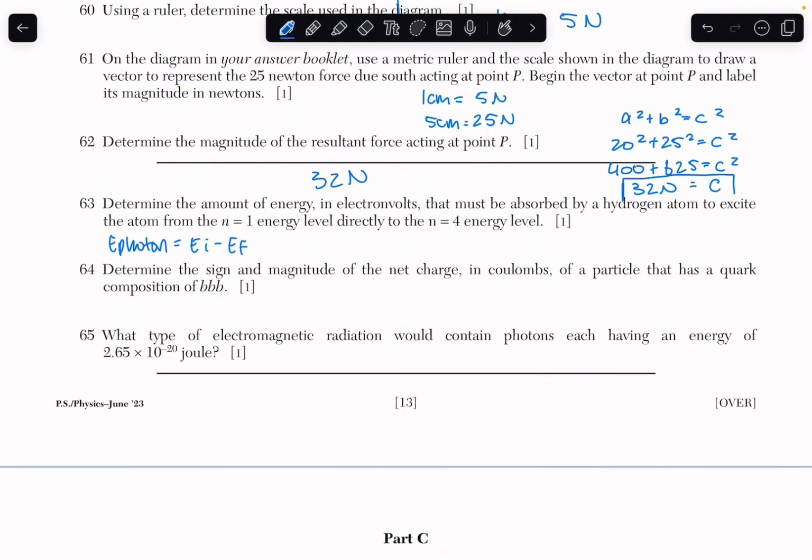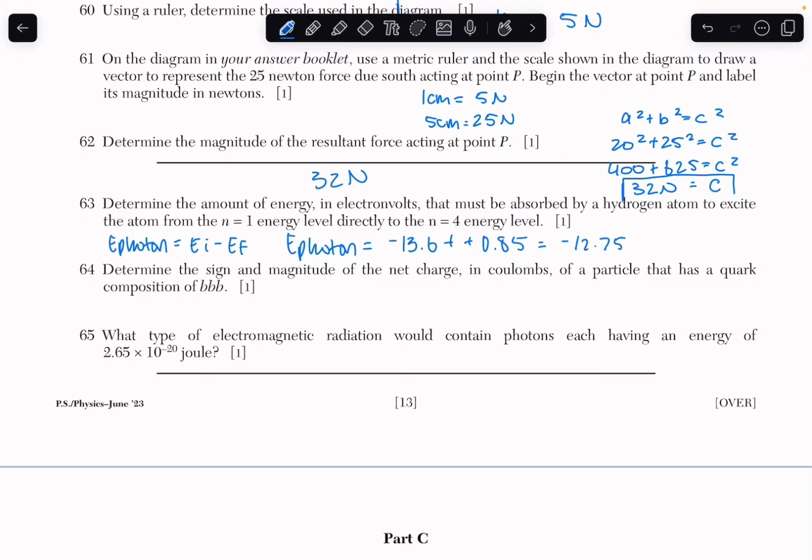Our Ei, or n equals 1 energy level, is negative 13.6. So we can plug it in like this: E photon equals negative 13.6 minus our Ef, which is our n equals 4 energy level, negative 0.85.